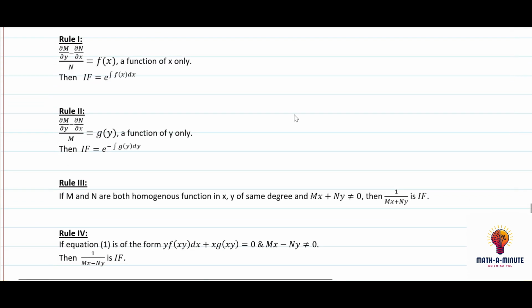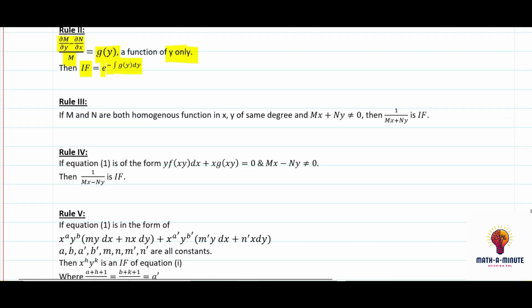The first rule says that if (del M del y minus del N del x) divided by N is only a function of x, f(x), then the integrating factor will be e to the power integral of f(x) dx. The second rule says that if we divide this difference by M, and it is a function of y only, g(y), the integrating factor will be e to the power minus integral of g(y) dy.